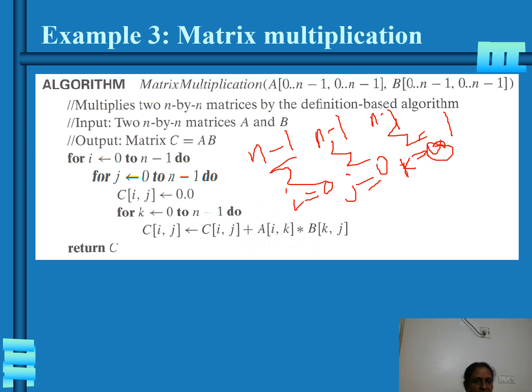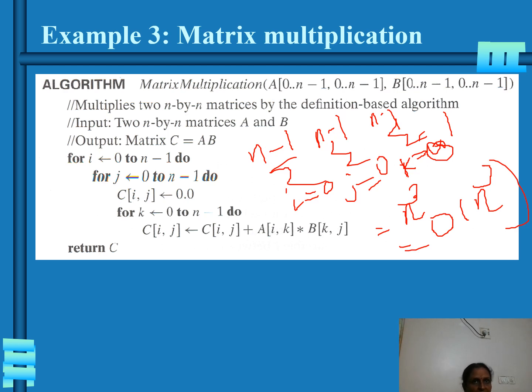Simplifying the last summation gives n again. So you will get the answer as n cube. So the order of growth is big O of n cube, the basic asymptotic efficiency.